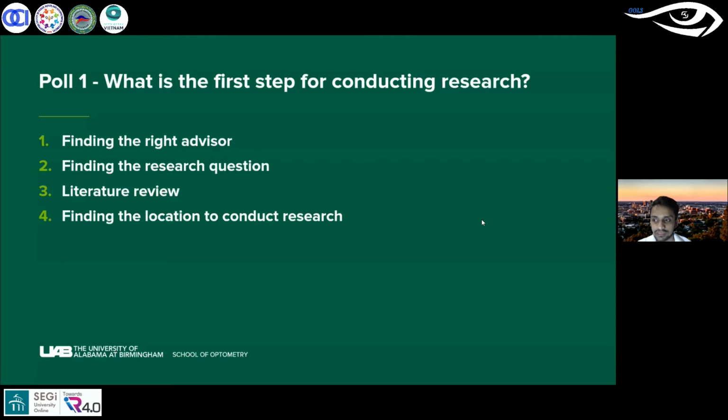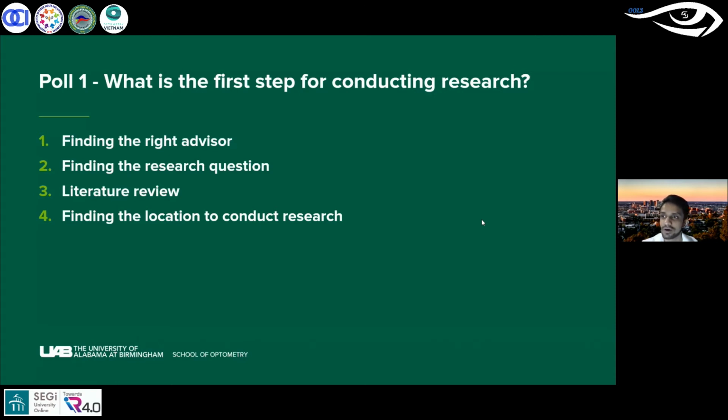But at the same time, internationally or across the globe, it is understood that you have to match the advisor to your research rather than the research to your advisor. That may not often happen where we are at, but that is the process: you think of the topic, and then you choose the advisor that can help you with that topic or that area of expertise.